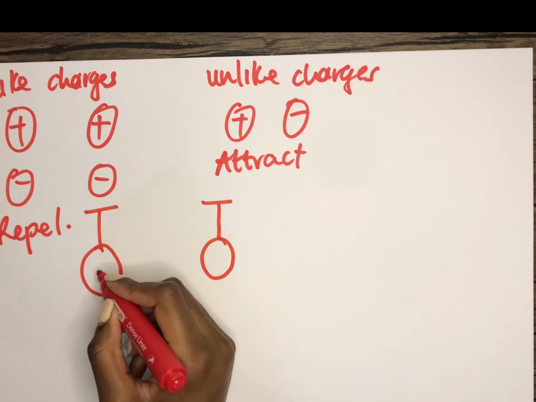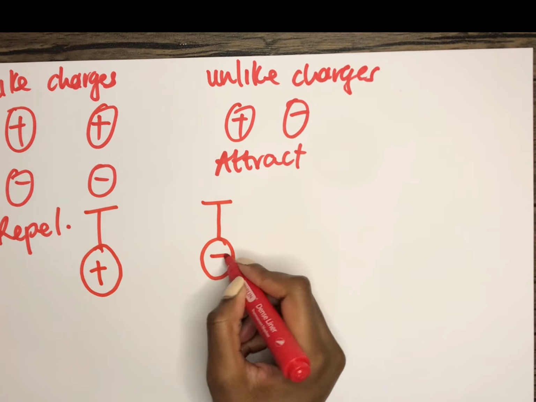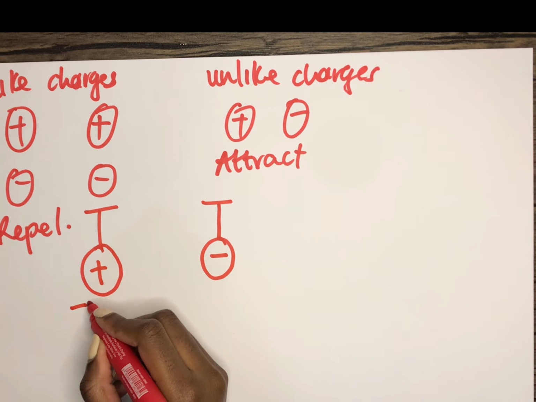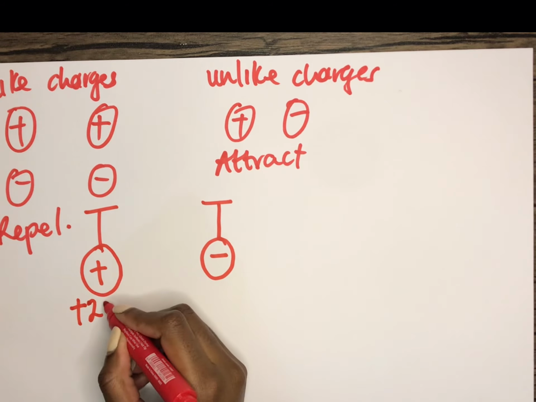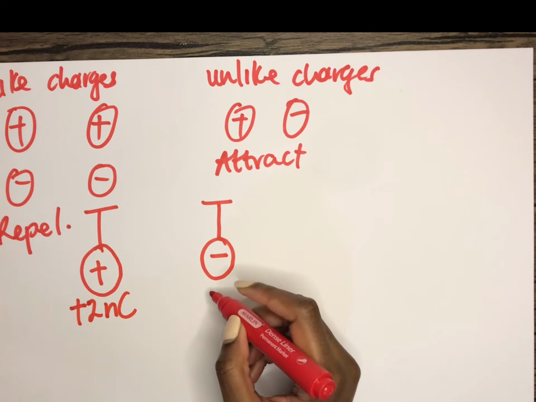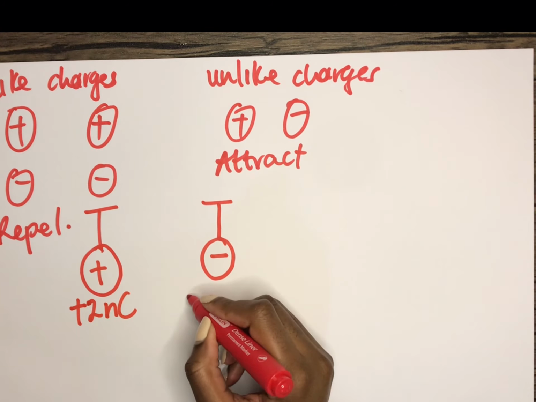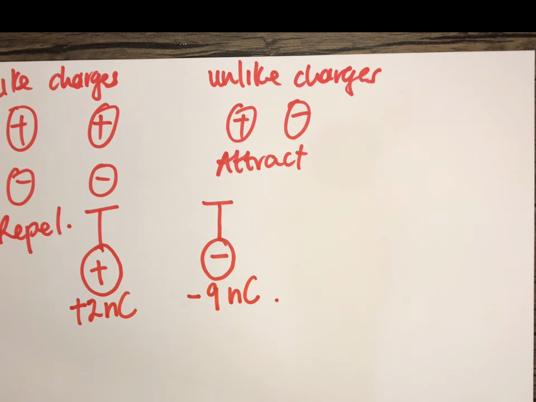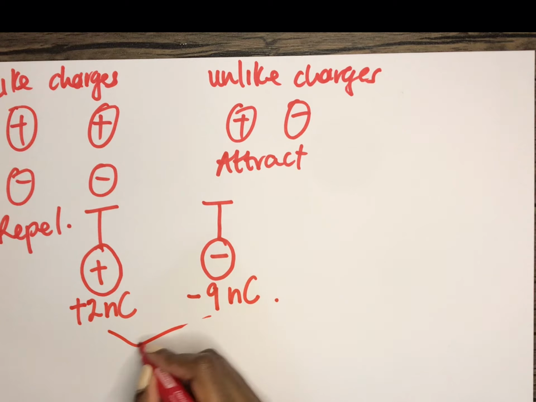Let's say you had a positively charged sphere and a negatively charged one. This one had 2 nanocoulombs, and this one had a charge of -9 nanocoulombs. And then let's say these spheres are allowed to touch.